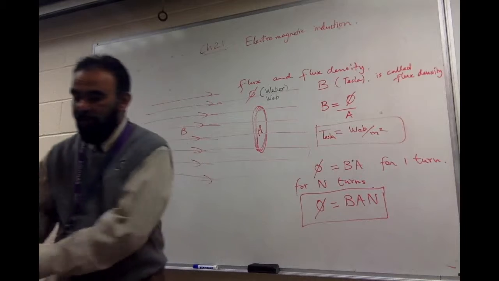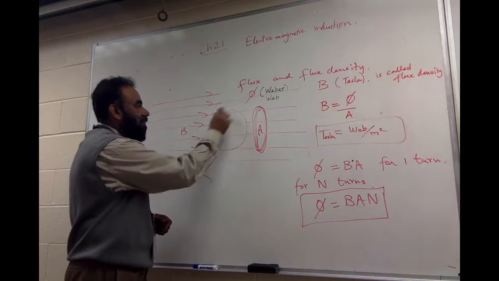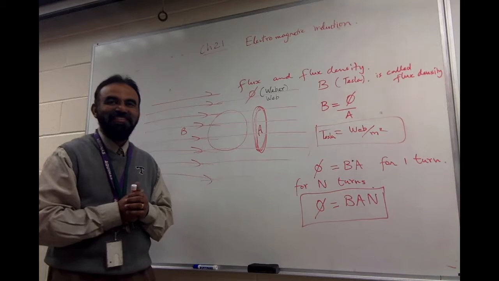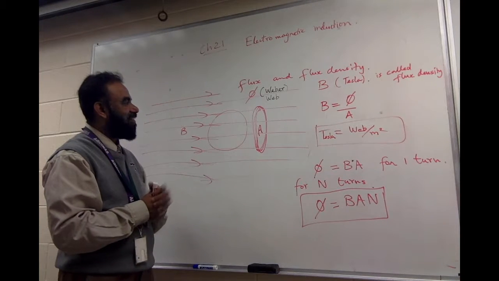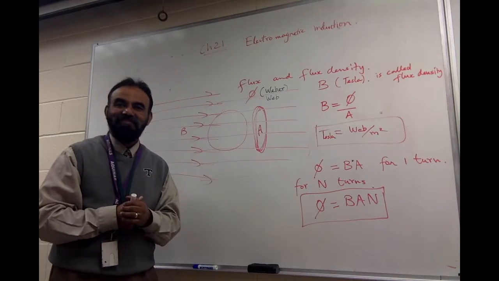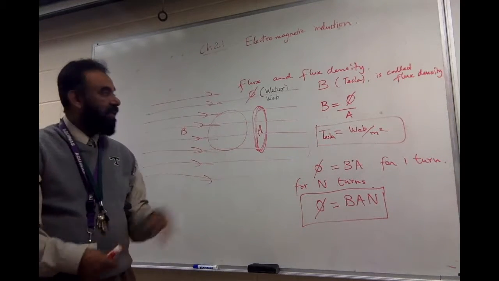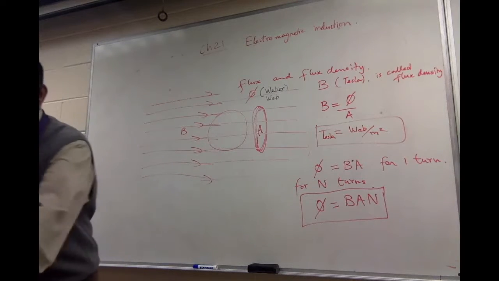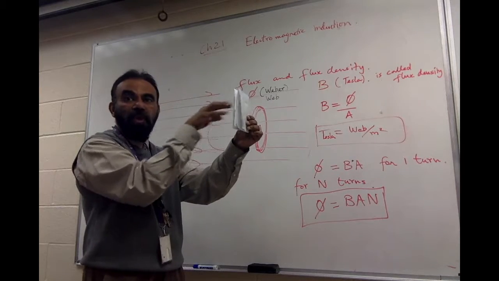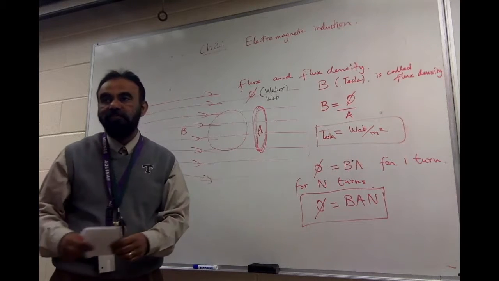So if this coil is placed like that, with the magnetic field lines going that way, it intercepts the whole area in this picture. But when I keep it like that, it doesn't see the area at all. So zero flux.